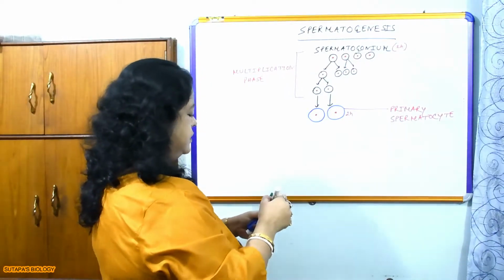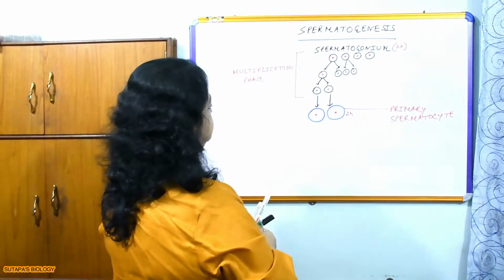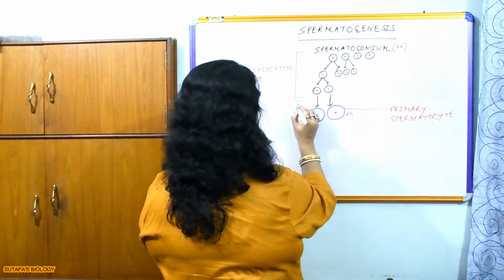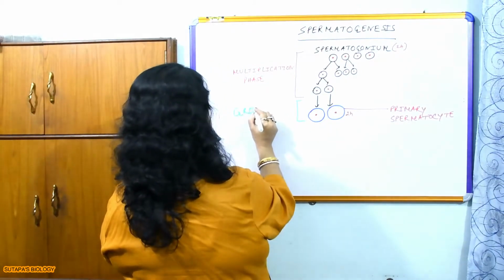And up to this phase is known as the growth phase. But the chromosome number remains the same up to this growth phase.